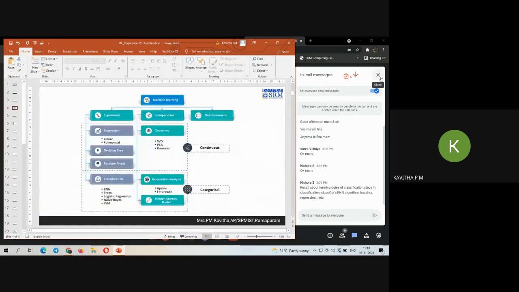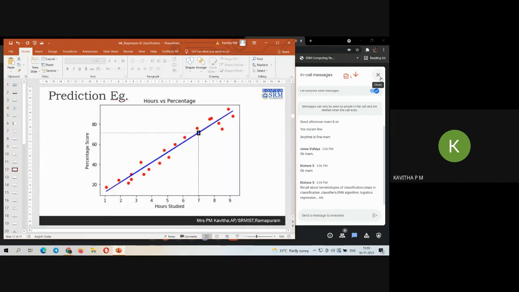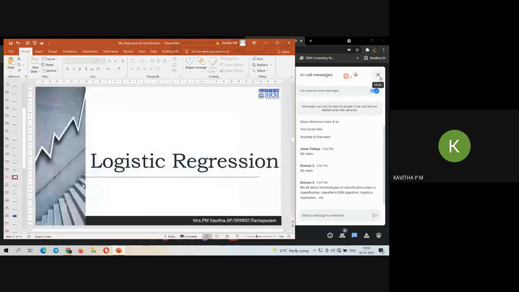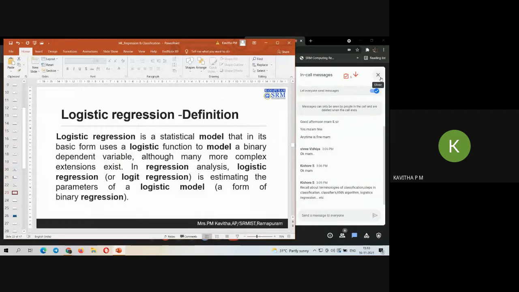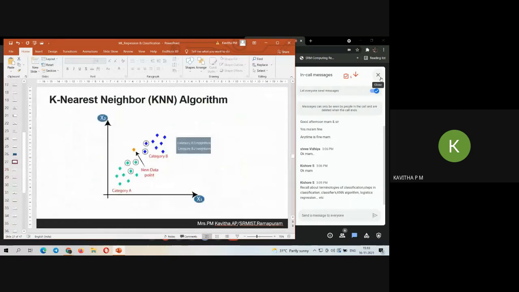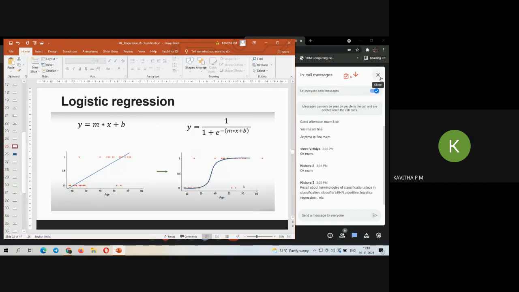So I'll just try to refresh the KNN concept, because I think people are familiar with logistic regression.